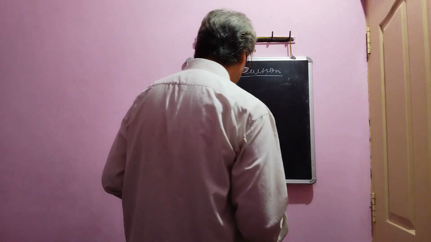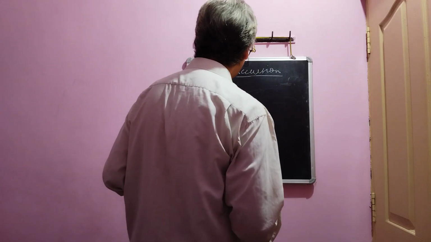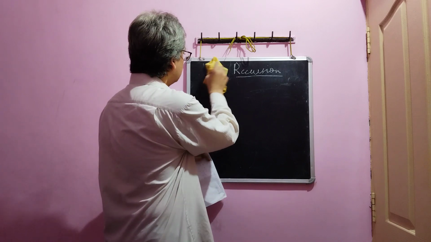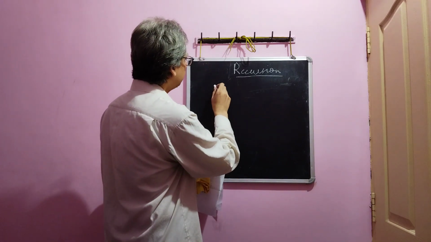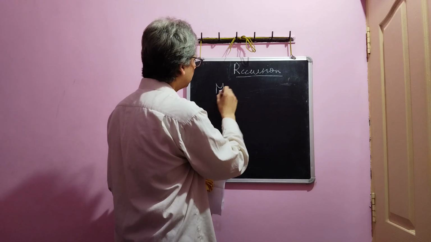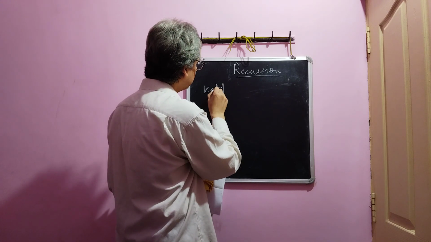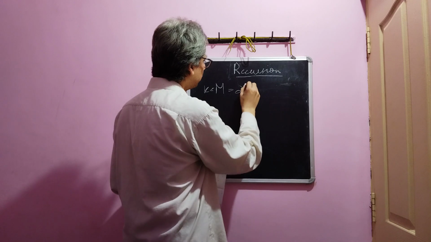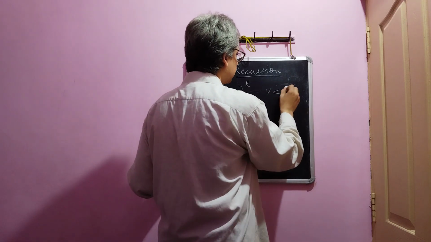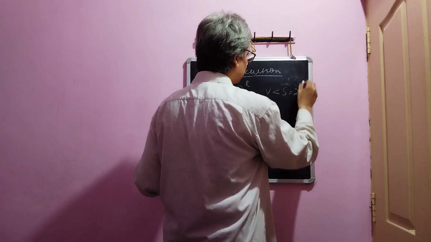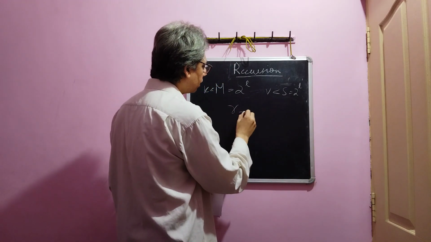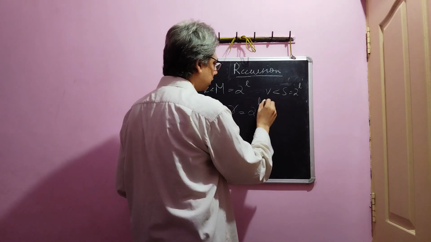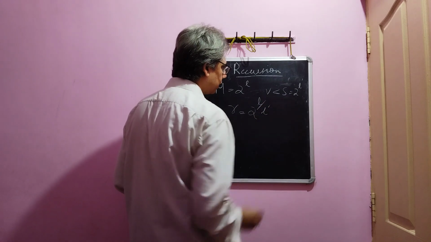The third one is probably the simplest and the most common one. If we have a value k less than m equal to 2^l dash to code as a value v less than s equal to 2^l, the natural thinking is to assume a ratio r equal to 2^l by l dash.